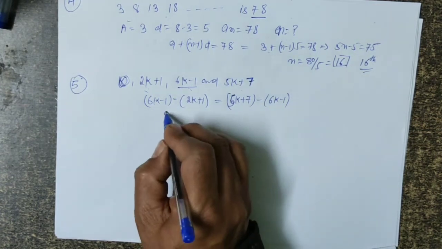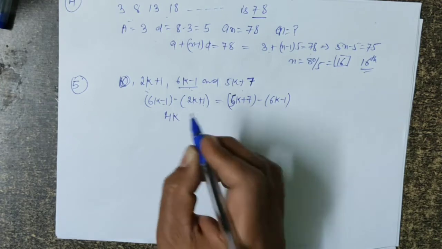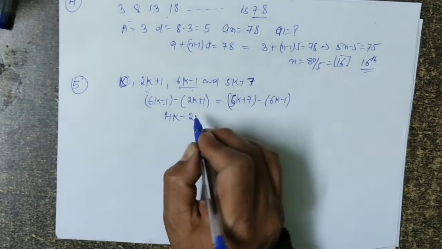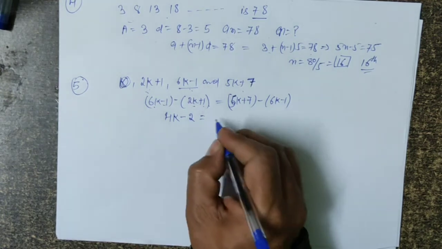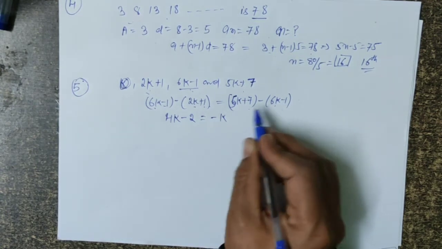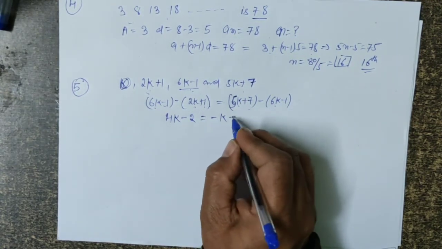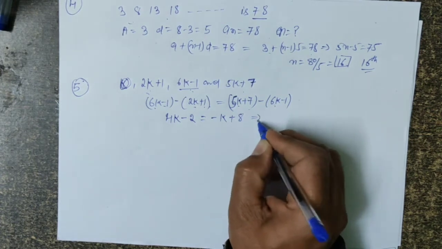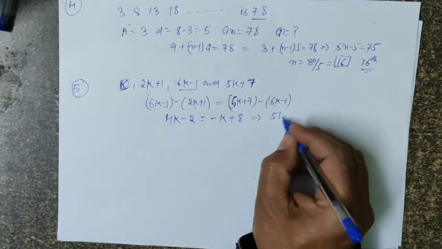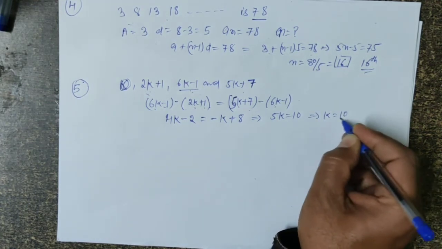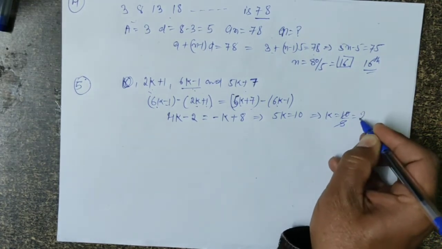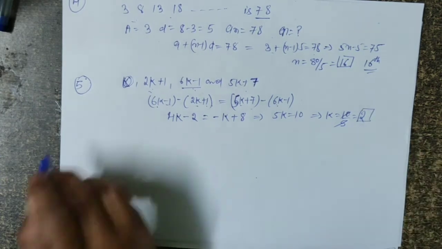That is 4k minus 2 equal to minus k plus 6. Simply 5k equal to 10 and k equal to 10 by 5, that is 2. This will be the answer.